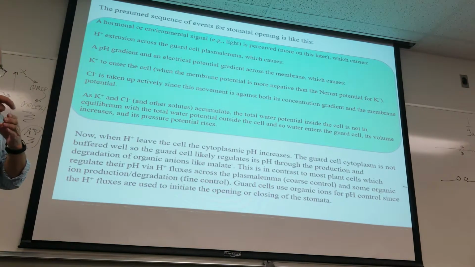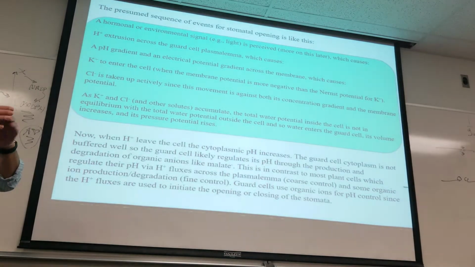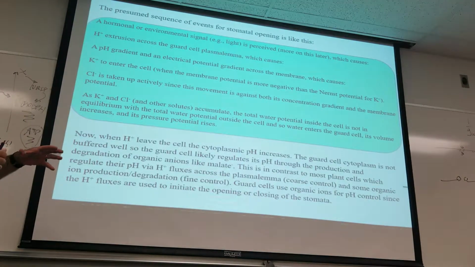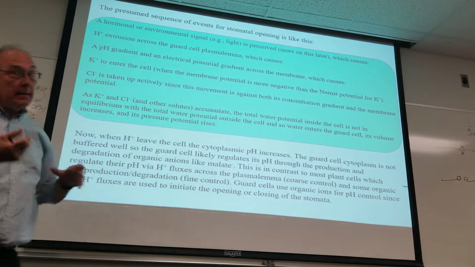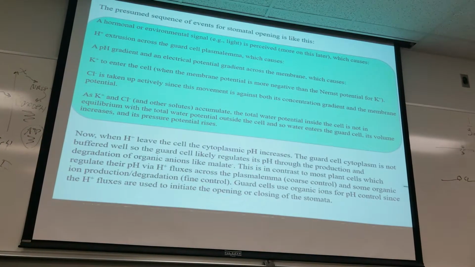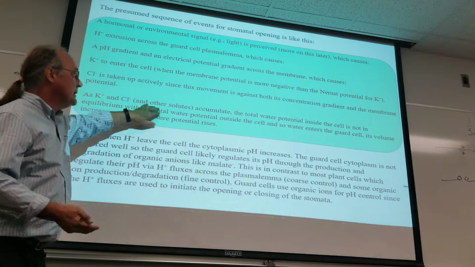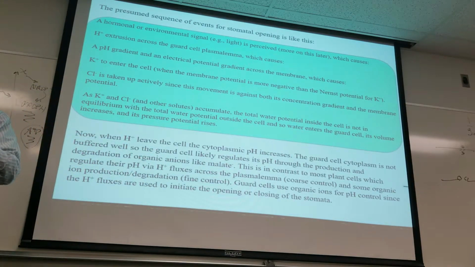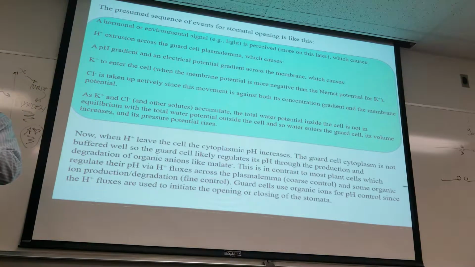So once potassium and chloride concentration increases in the cell, the total water potential, that makes the osmotic potential more and more negative, causing that guard cell to be in a disequilibrium with the total water potential around it. And water moves in from the surroundings into the cell, increasing its volume and equilibrating its water potential.